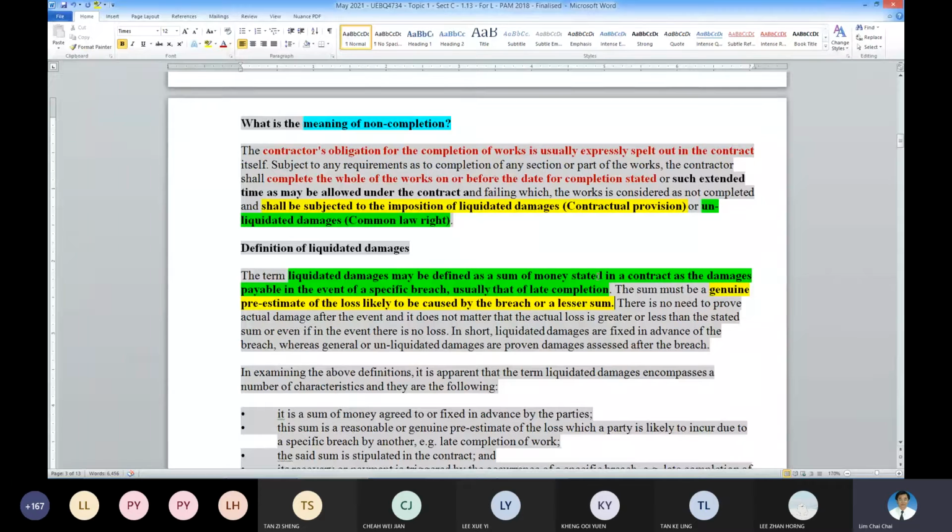In other countries, this LD must be a genuine pre-estimate or reasonable estimate. Okay, so if that happens, then there is no need to prove actual loss after the event. It does not matter whether the loss is higher or lower than the sum stated, or even if there is no loss. So this is applicable in other jurisdictions.